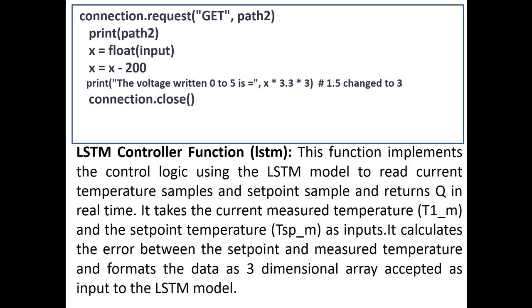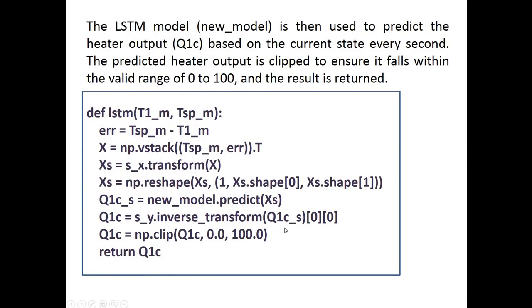You have to read the current temperature every second and return Q in real time. So that is the aim. You set a set point and read the temperature every second for a longer time, continuously, infinite time you can say, so that you will see how the output is going to come.